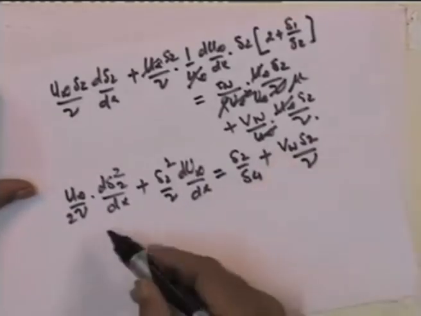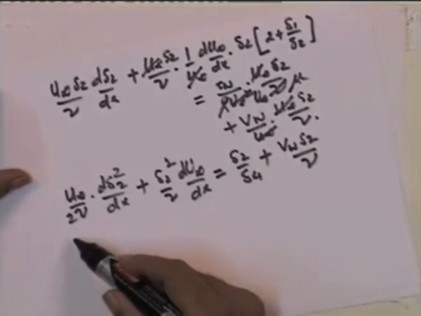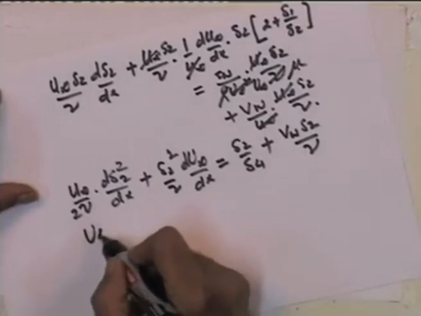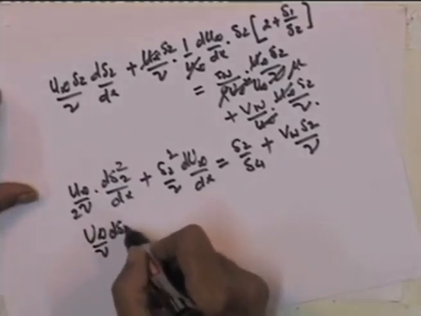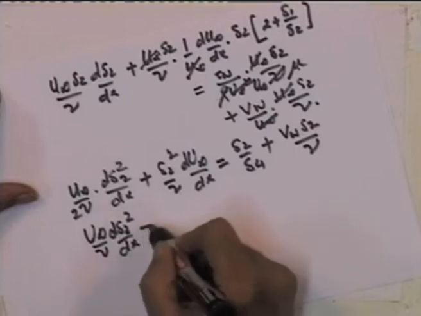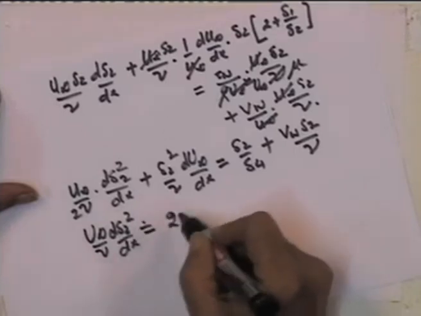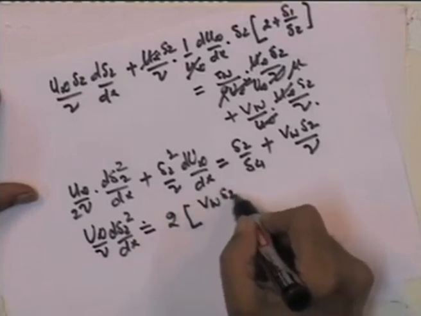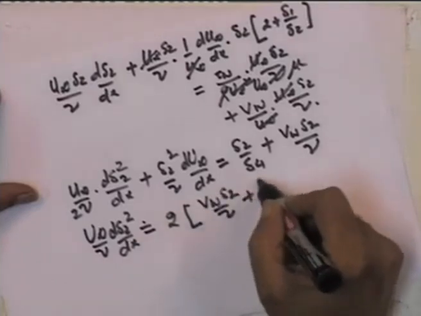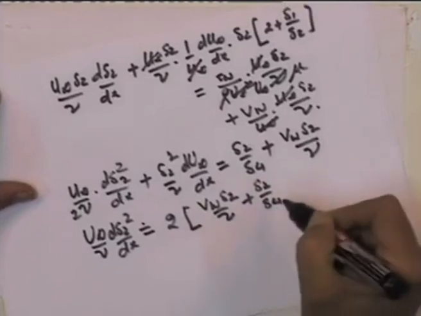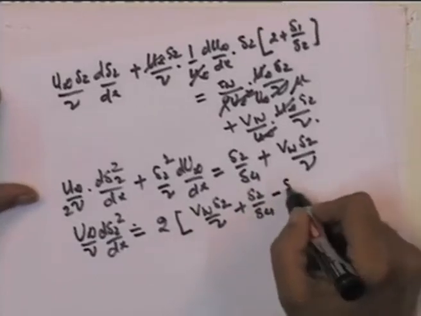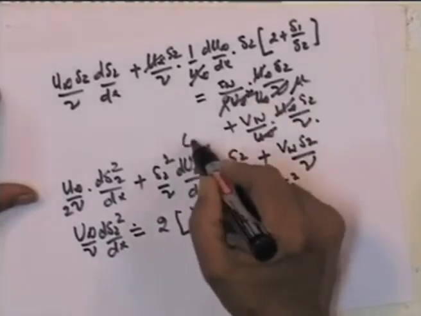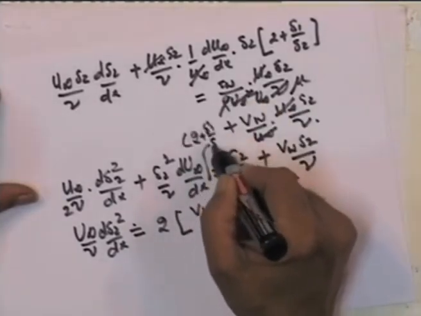Therefore, multiplying throughout by 2, I get u infinity by nu d delta 2 squared by dx equal to 2 times v w delta 2 by nu plus delta 2 by delta 4 minus delta 2 squared by nu du infinity by dx, which should be multiplied by 2 plus delta 1 by delta 2, I forgot.